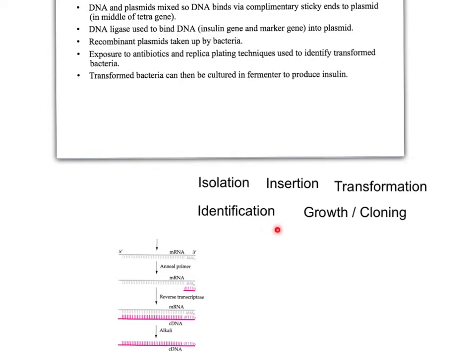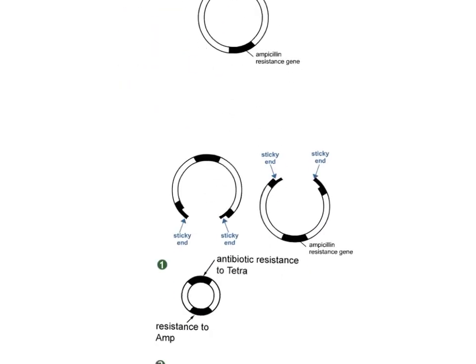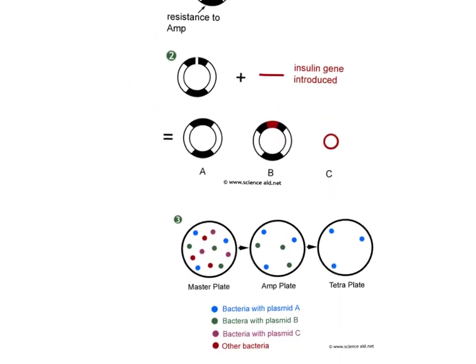We've covered this in previous slides, but quickly to go over it again, we use a mixture of antibiotics and a process called replica plating to identify which bacteria have taken up our plasmids. Here are the plasmids that we want, because the plasmid has our gene for making insulin in it, as opposed to this and this, which don't.